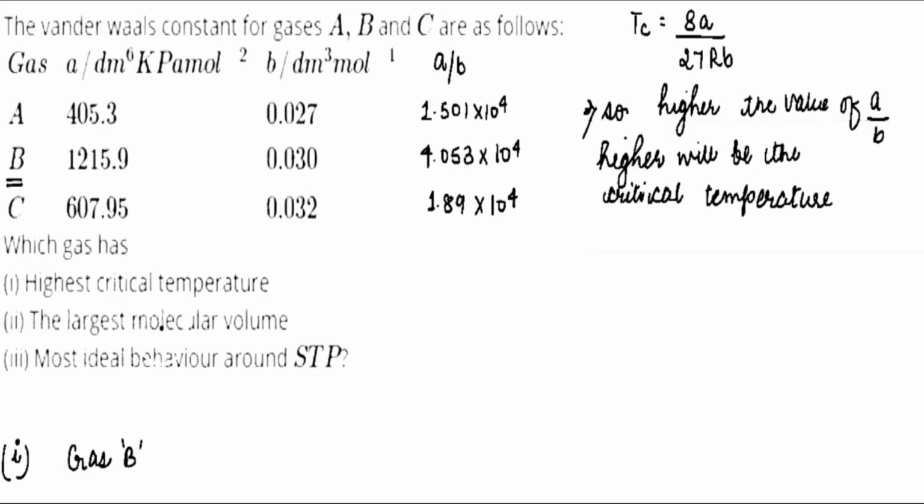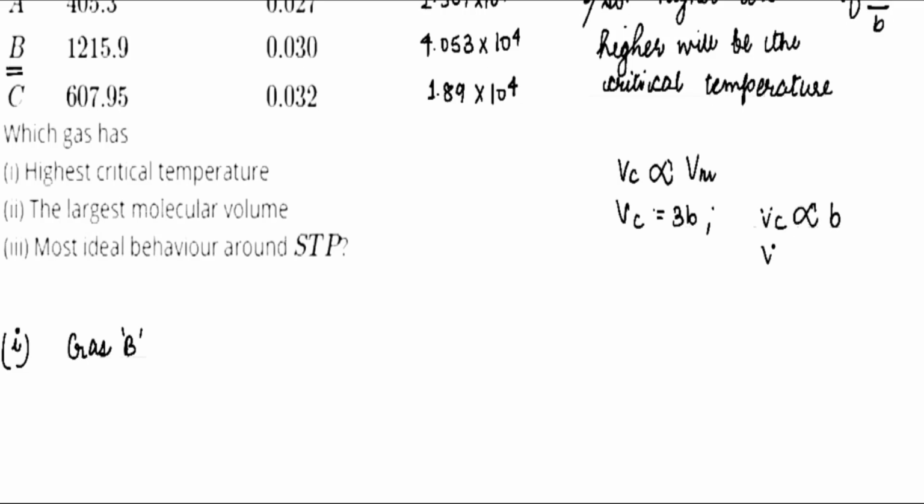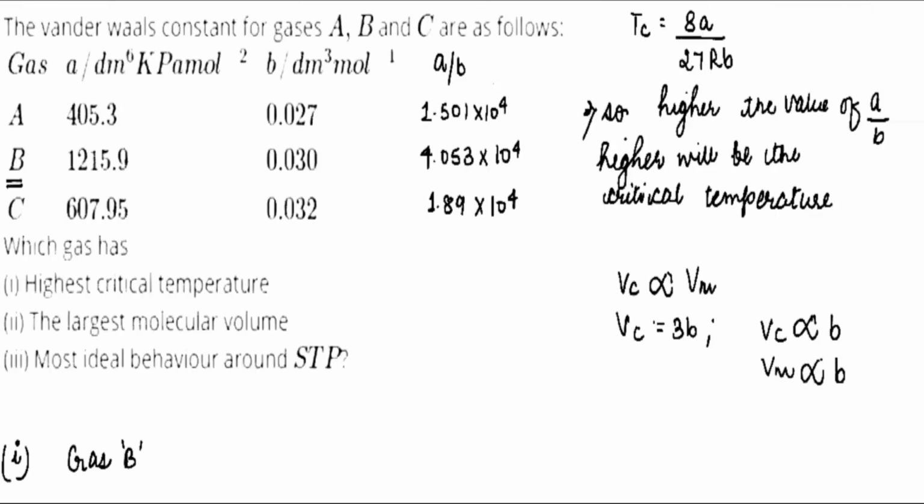Now the second is the largest molecular volume. See, molecular volume is directly proportional to critical volume, and critical volume is equal to 3B. So critical volume is directly proportional to the B value, and from this relation you can also say that molecular volume is directly proportional to the B value. Higher the B value, higher will be the molecular volume.